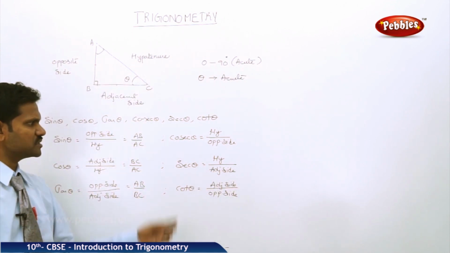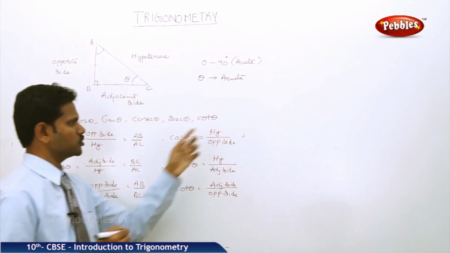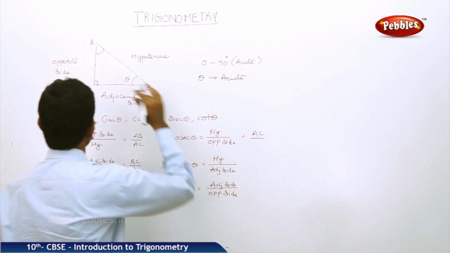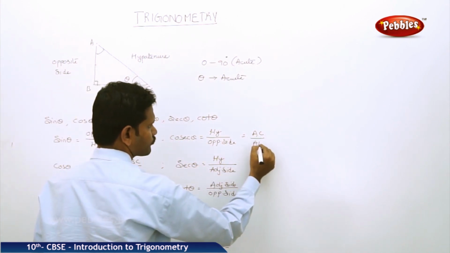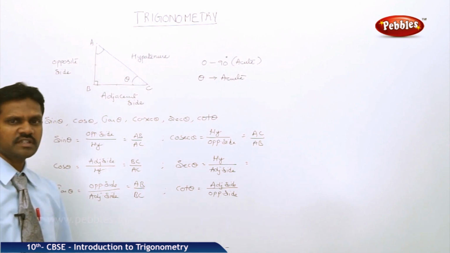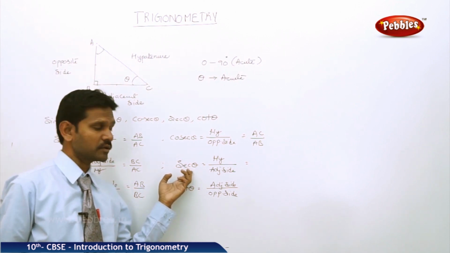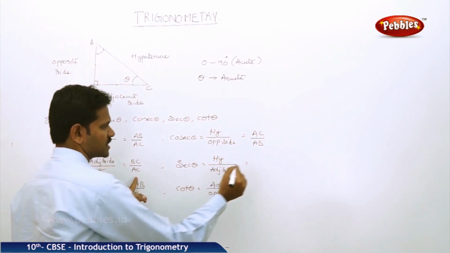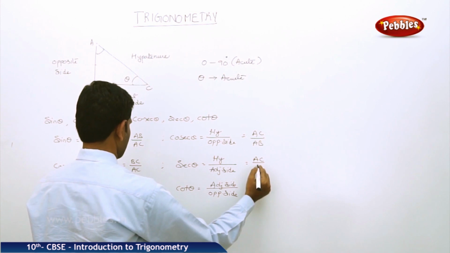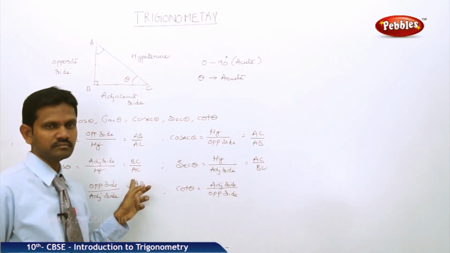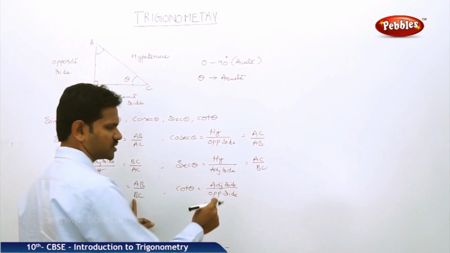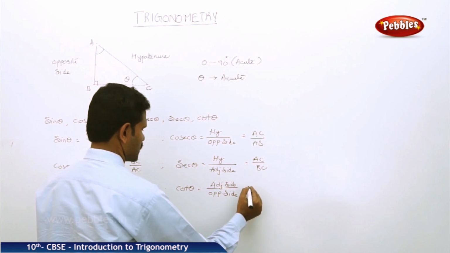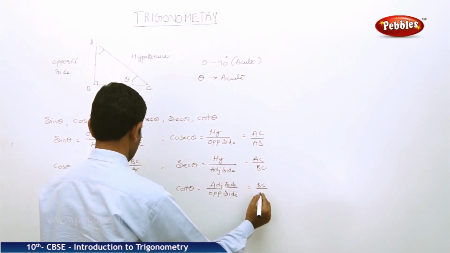Hypotenuse is AC by opposite side AB. Secant theta is the reciprocal of cos theta, that is the reciprocal of BC by AC, nothing but AC by BC. Next, cot theta is the reciprocal of tan theta, that is the reciprocal of AB by BC, equal to BC by AB.